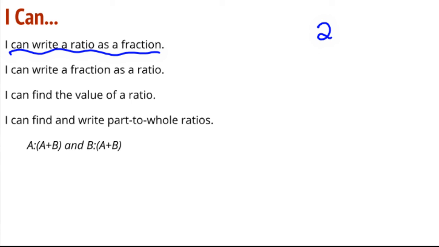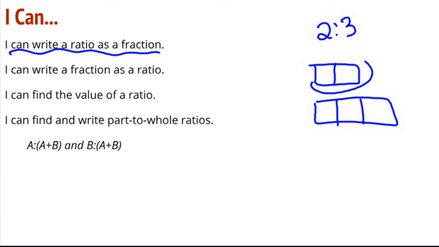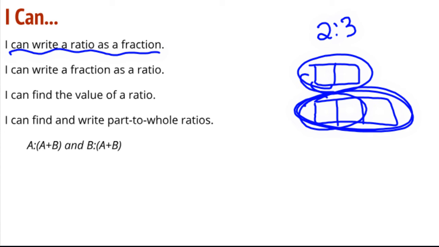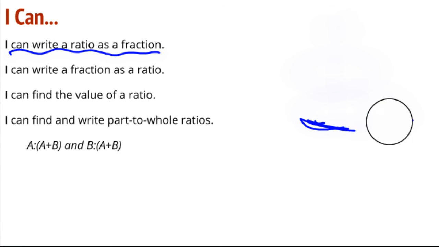We need to recognize that the ratio of 2 to 3 is showing us 2/3. This 2 right here is 2/3 of this. And this 3 here is 3/2 of this. So we need to be able to take ratios, write them as fractions, and understand what that means.